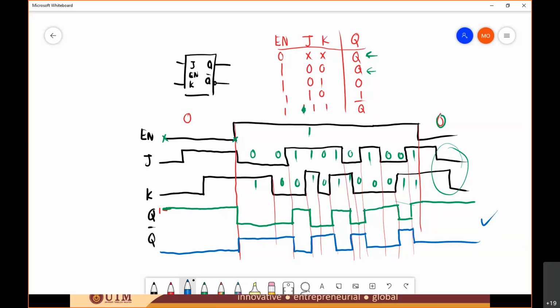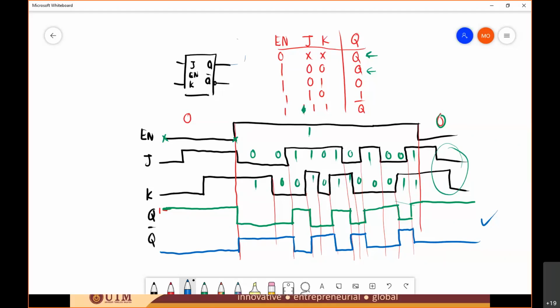Ada soalan tak? Doktor, usually questions untuk latches ni dalam test atau exam, soalan dia akan tanya output macam ni je ke atau lagi complicated? Dia akan tanya complicated lah. Mungkin dia akan tambah gates kat sini nanti.